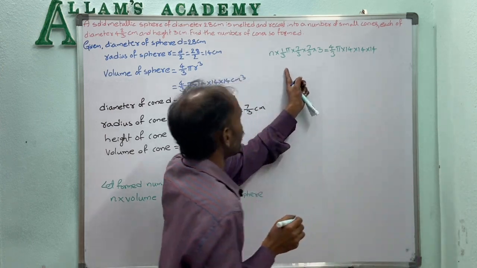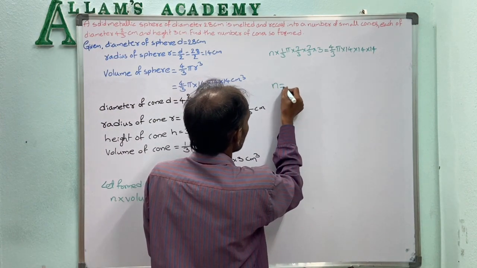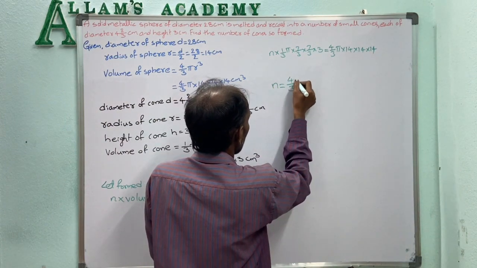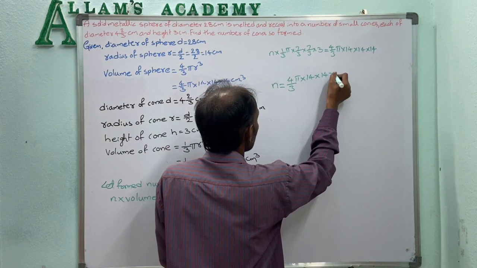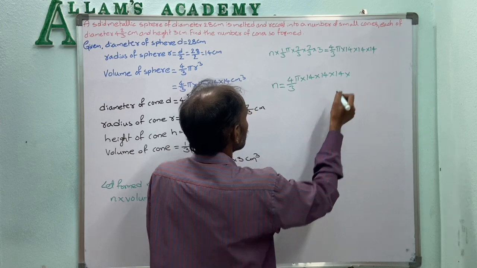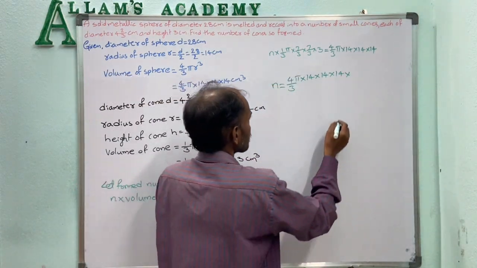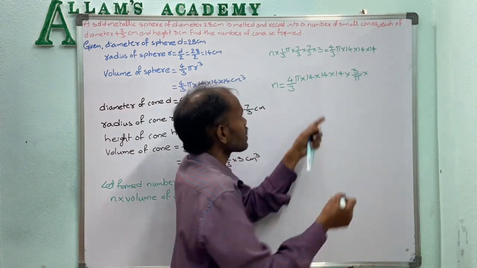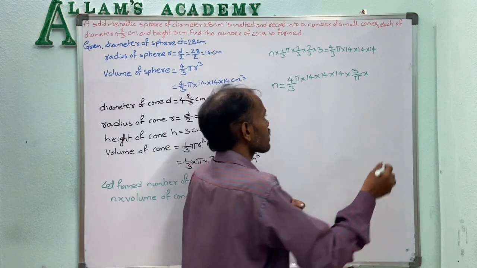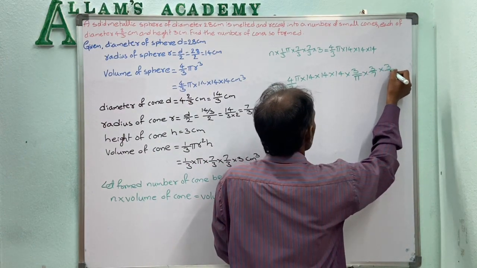Now transferring these values to this side, n equals 4 by 3 pi into 14 into 14 into 14 into, so the pi by 3 is transferred, that is nothing but 3 by pi, into 7 by 3 transferred as a reciprocal, 3 by 7 into 3 by 7.